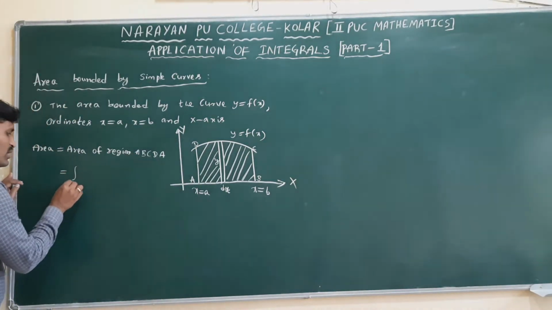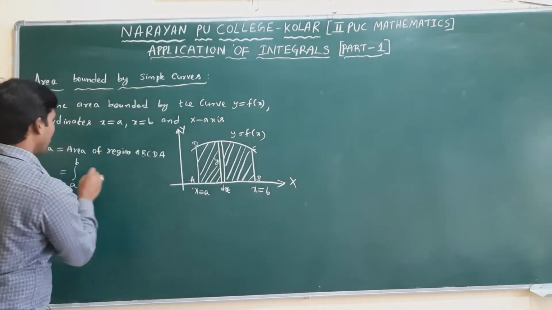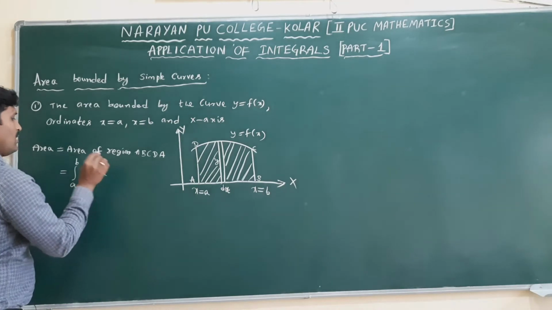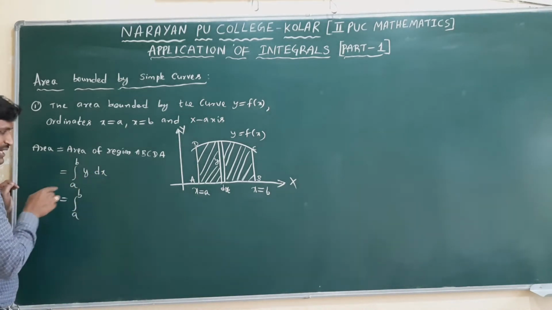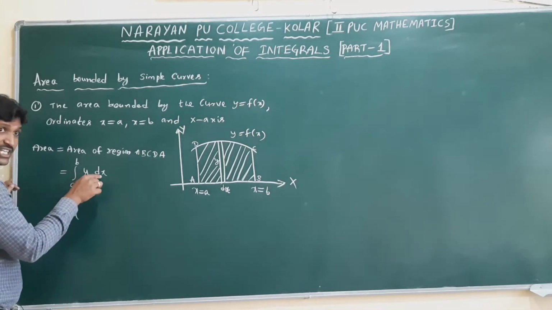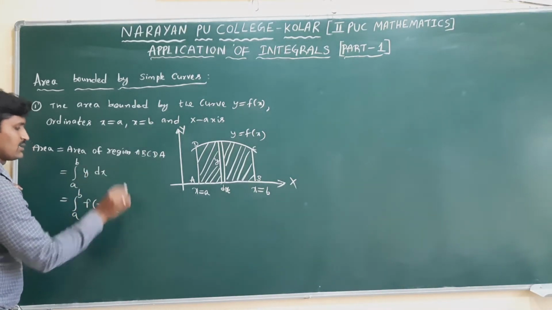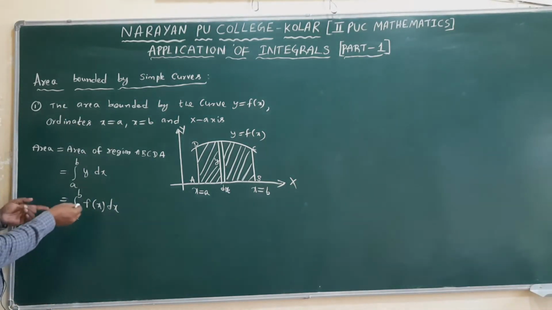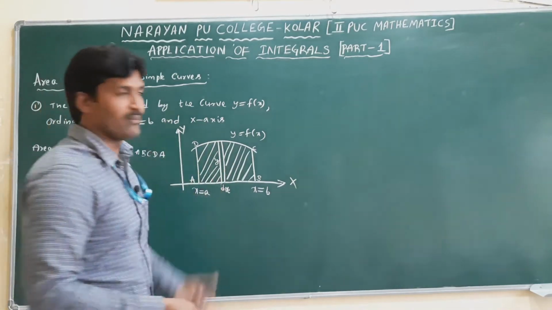For this region, what is the lower limit of x? A, and the upper limit is B, y dx. We can't integrate this directly, because this is y and this is with respect to x. That's why we need to convert y in terms of x, so it is integral a to b f of x dx. This is one type of area.